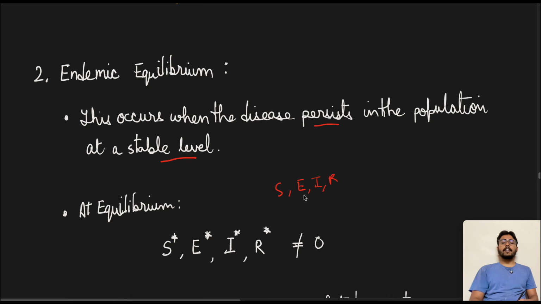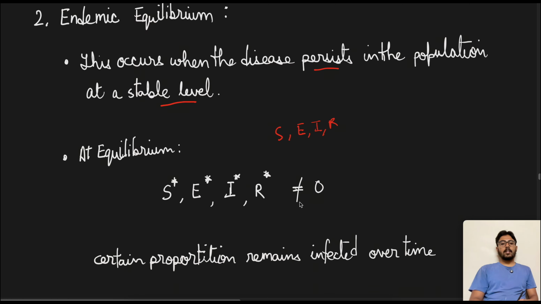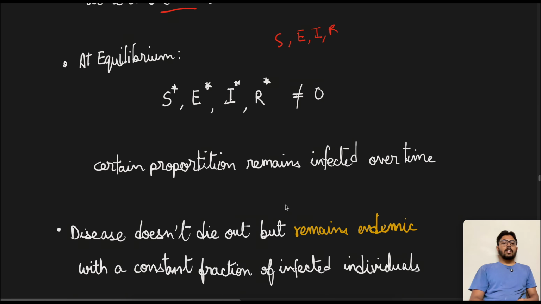The idea is to make the model considering the disease to stay in the population for long periods of time. A certain proportion remains infected over time, right? They become infected, then may recover, but they'll again become infected, like this. So the disease doesn't die out. This is the main concept behind endemic equilibrium: the disease will not die out but remains endemic with a constant fraction of infected individuals.